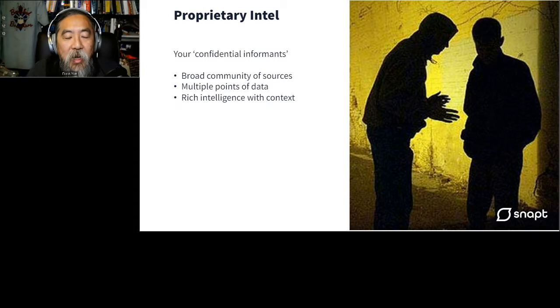So now I can provide some very rich intelligence that is very reliable because it's coming from these informants that I trust and I know about, and there's context about it, because it's not just random data saying, I see this threat in this location at this time. I know who and why and how it's deployed, because they are part of my organization, my infrastructure, my community.